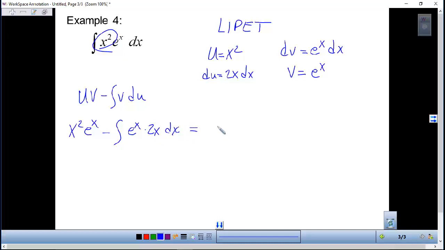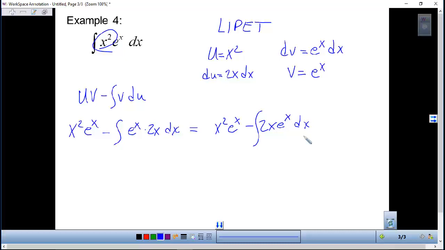All right, and that simplifies down into x squared e to the x minus the integral of 2x e to the x times dx. Now, you're going to notice here that we have a situation yet again where this is not something that's actually going to be easy to do.